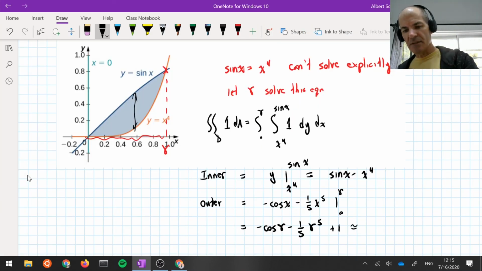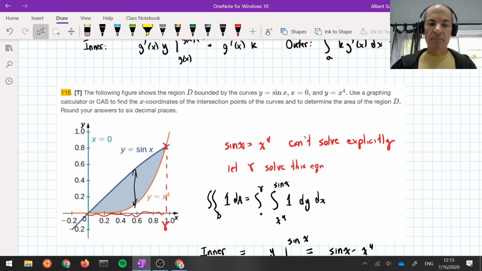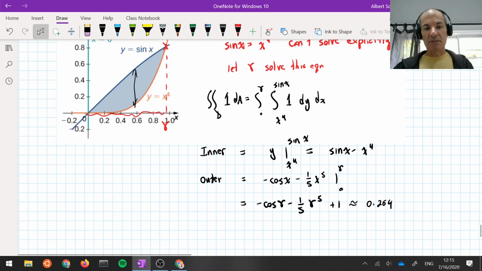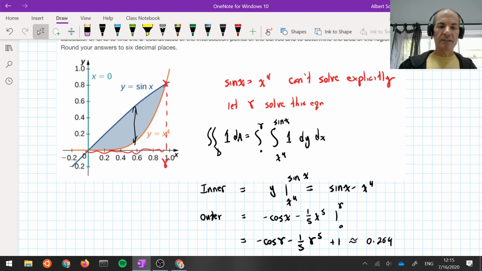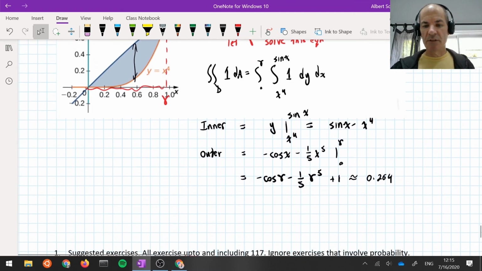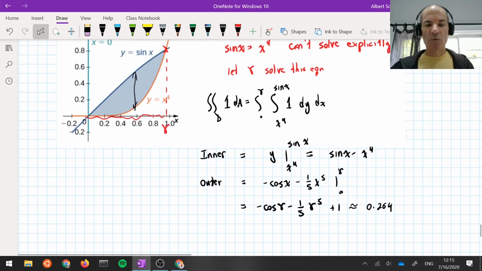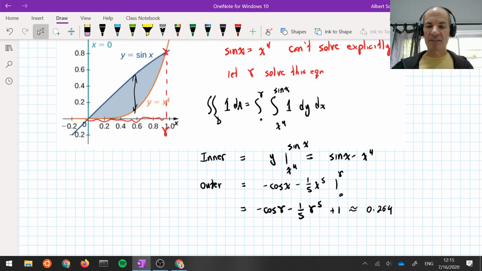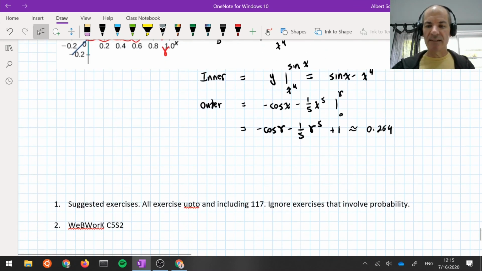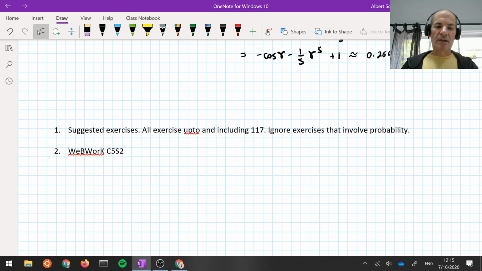So we can wrap this up by putting this decimal approximation, 0.264. It's a positive number. That's good. We would certainly expect the area of any figure to be positive. Is it 0.264? I don't know. We're just going to assume that we've done the work correctly, and move on.